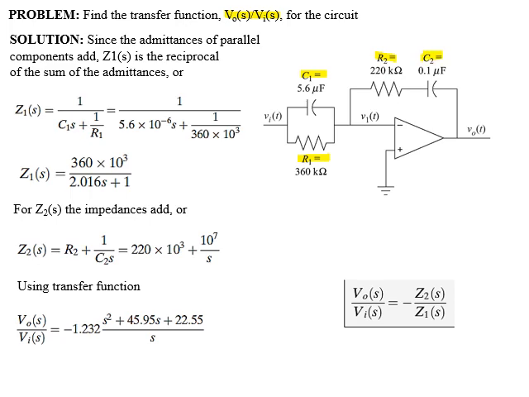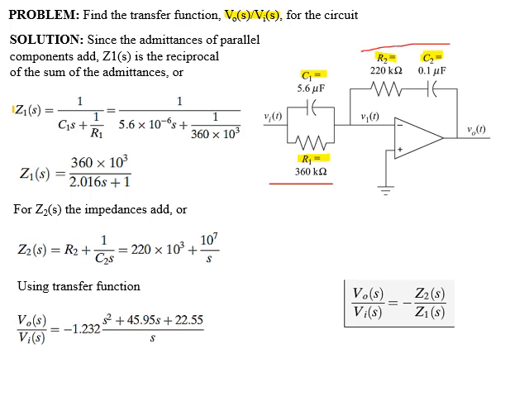Before solving, we have to find equivalent impedances, and for this we'll replace passive components with their equivalent impedance in the Laplace domain. After conversion into the Laplace domain, we'll find the equivalent impedance. The components in the input path are in parallel combination, whereas the components in the feedback path are in series combination.